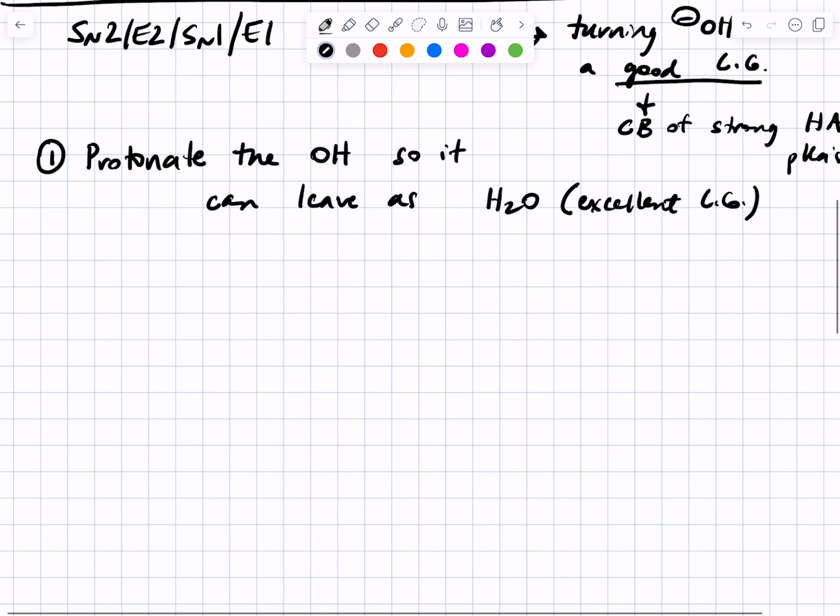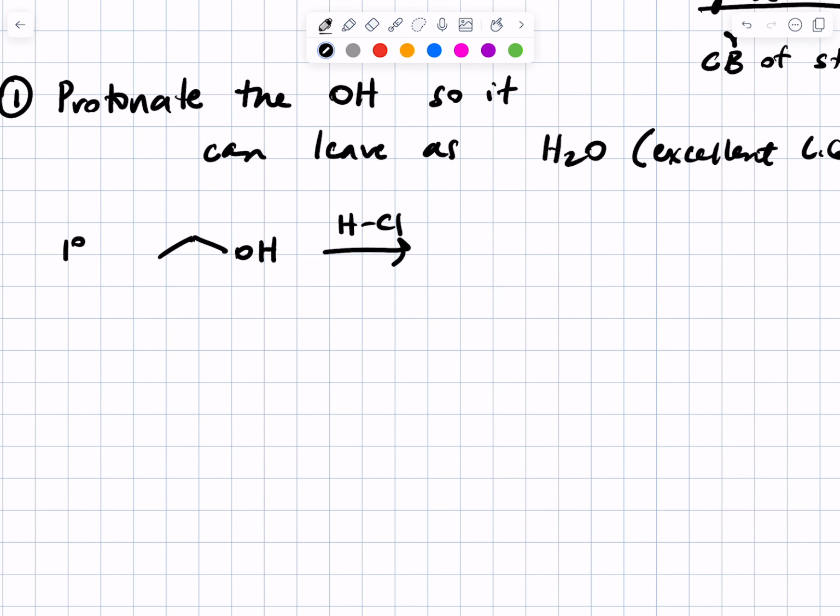So let's look at this with a primary alcohol. Here is ethanol, a 2-carbon alcohol. If we used HCl as our way to protonate the alcohol, what would happen is lone pair electrons on the OH would attack the proton from the acid, thereby turning the OH into a good leaving group.